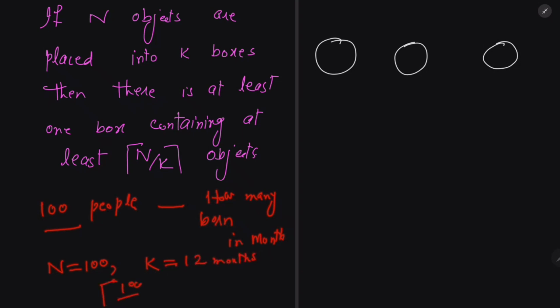So n by k, 100 by 12, gives us approximately 8 point something, 8.3 for example. The ceiling function says that the value will be 9. So there will be at least 9 people whose birth month is the same.